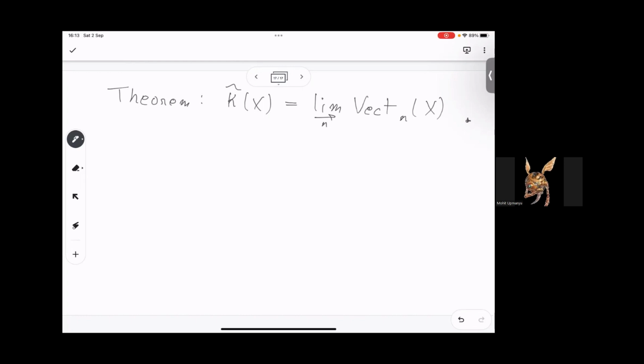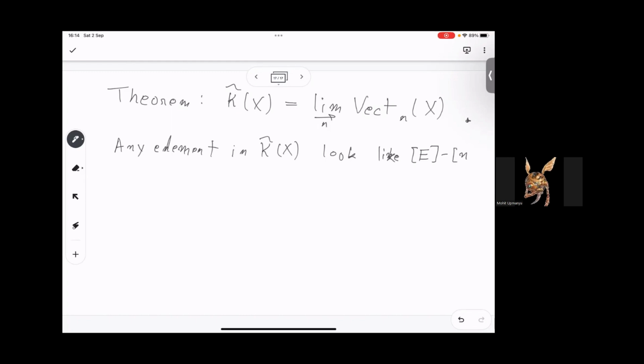Okay, so this stems from a very nice observation that any element in K tilde X looks like a class of E minus a trivial bundle.